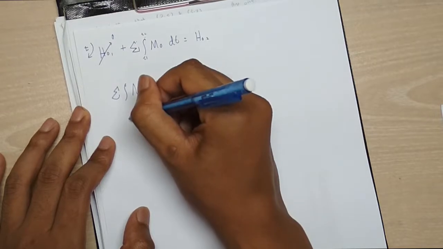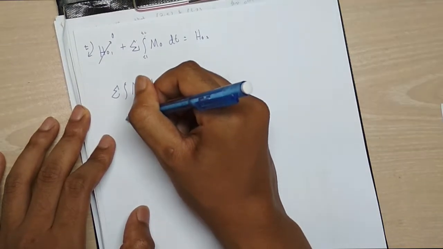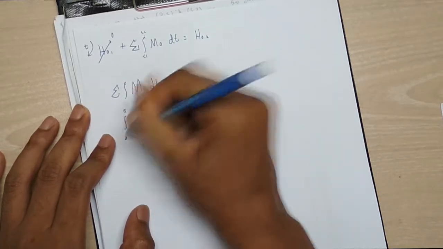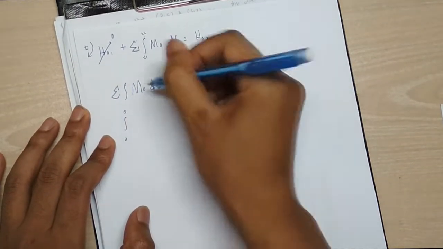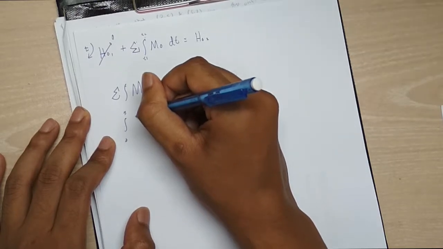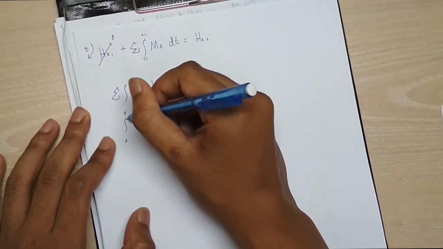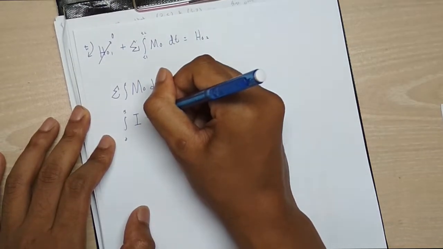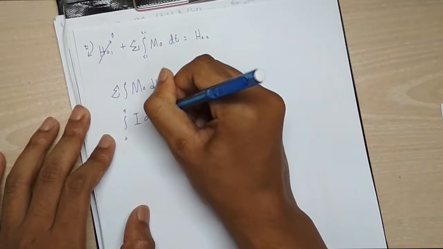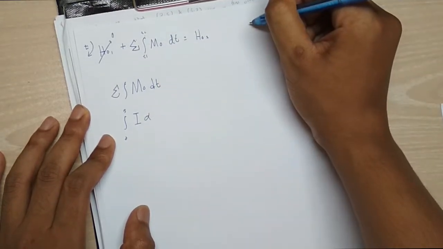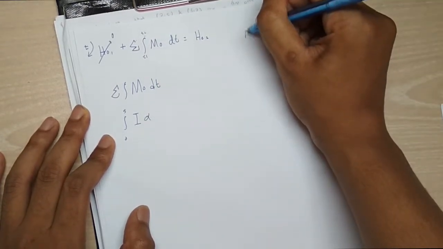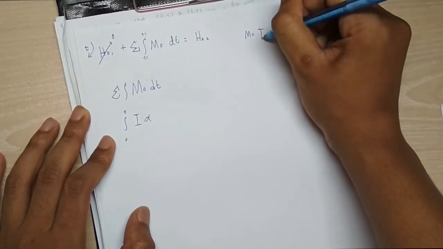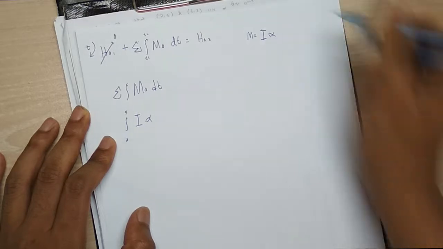Then we put the limit from 0 until 5. For the formula moment, we know that moment equal to inertia alpha.